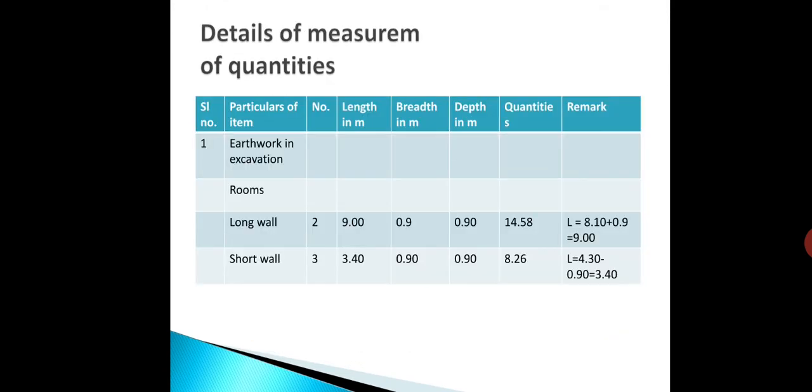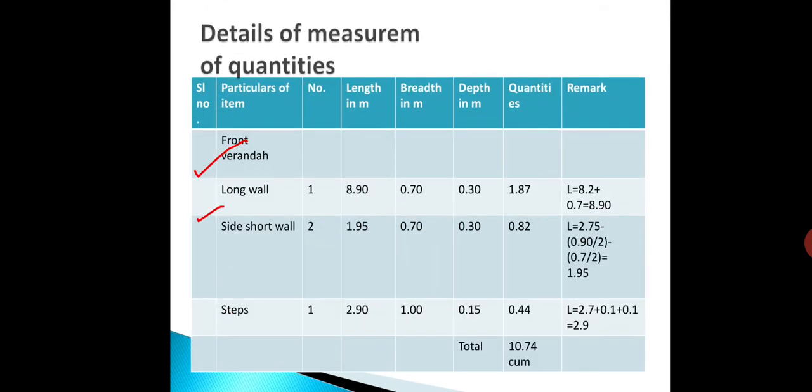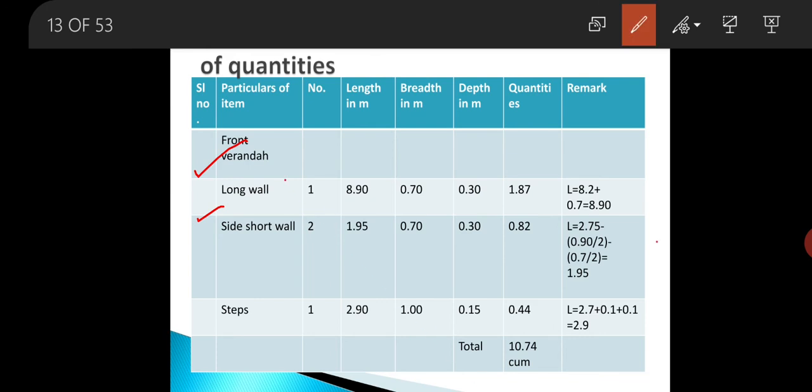So this is the calculation of the long wall. Long wall is 1 number. Length is equal to the center to center length of 8.2, to which you add 0.7, that is the width of the foundation, which gives you the length as 8.9. Breadth is 0.7, depth is 0.3. By multiplying all these, we get the total quantity along the long wall as 1.87 cubic meter. Next, the short wall.